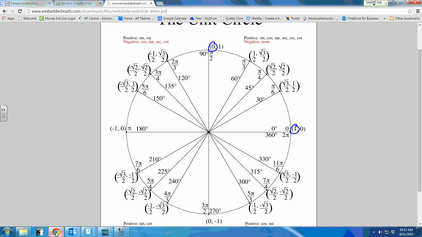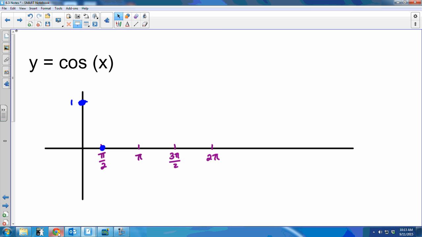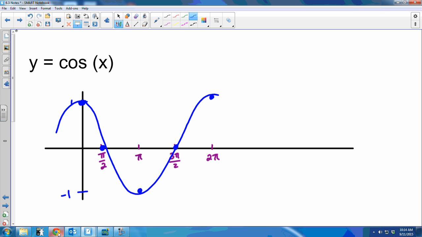At pi, cosine is negative 1. I think you see how this is going now. At 3 pi over 2, cosine is 0. And at 2 pi, cosine is 1. All right, so that is the basic cosine curve.